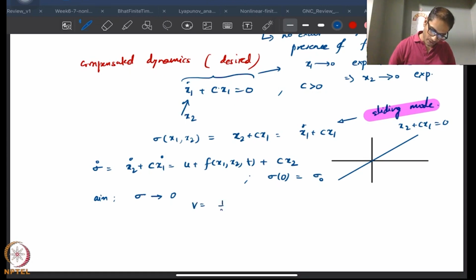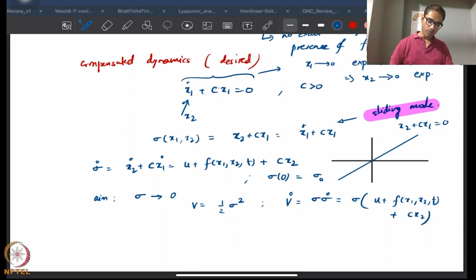We take a V, which is half sigma squared, and we get a V dot, which is sigma dot, which is nothing but sigma times (u plus f(x1, x2, t) plus cx2). Now, f is obviously a disturbance, so it's not known to us, so you can't cancel it using the control. However, we can certainly cancel this term.